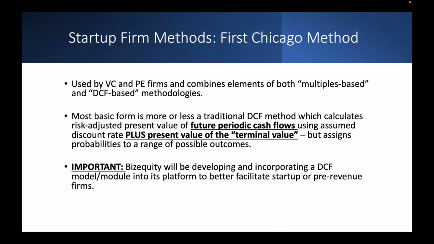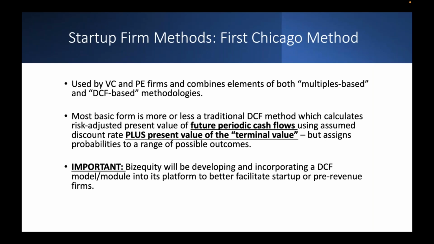The first Chicago method is one that you'll see bandied about. And ultimately, the first Chicago method is a DCF method, discounted cash flow method, in most applications, which means you project the future cash flows accruing to the owners, the equity interests, and then you discount those back into present value.